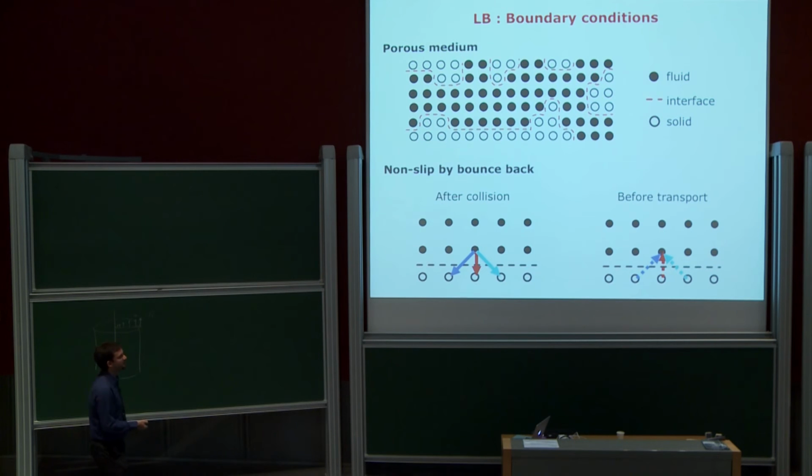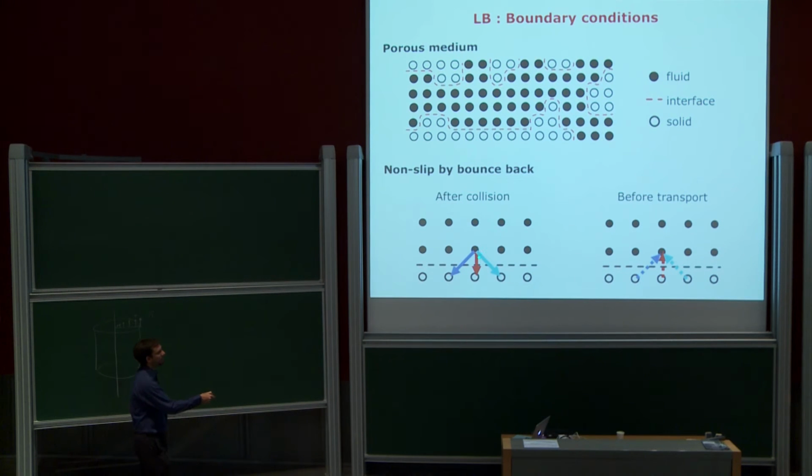meaning, because you don't have explicit particles, that you have a non-zero population of particles that have a velocity corresponding to crossing the interface. What you do, just before the transport step, is simply take this population and associate it with a population of particles on that solid node where the particles would end up, but with an opposite velocity.